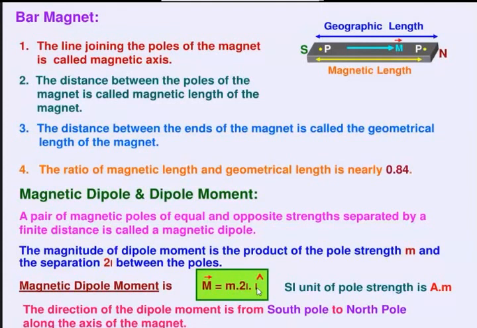The direction of dipole moment is directed from south pole to north pole, as it was directed in case of electric dipole from negative charge to positive charge. Similarly here it is directed from south pole to north pole along the axis of the magnet.